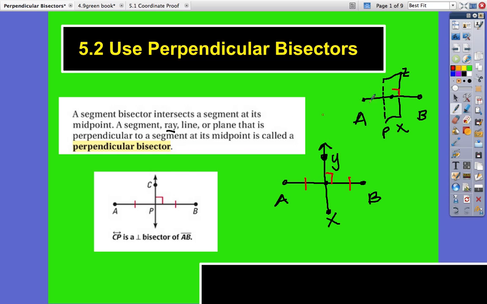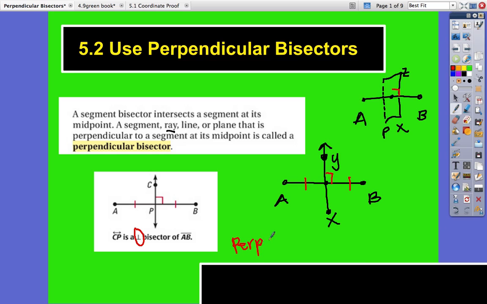Okay, we're going to focus on the perpendicular bisector that is a line. This is line CP. It is a perpendicular bisector of segment AB. Notice the symbol for perpendicular.